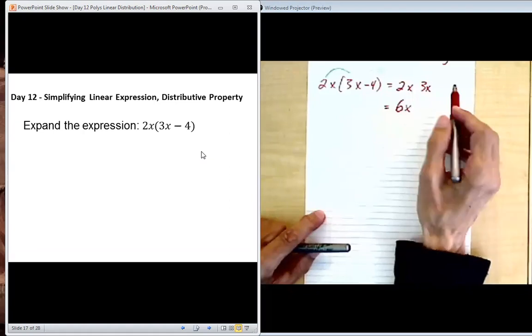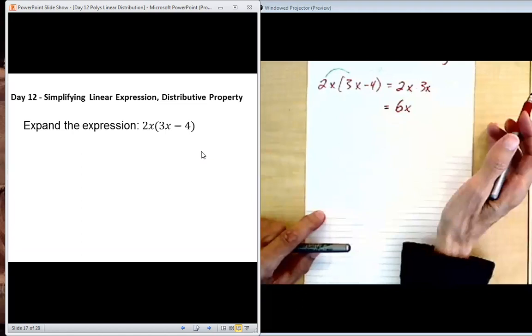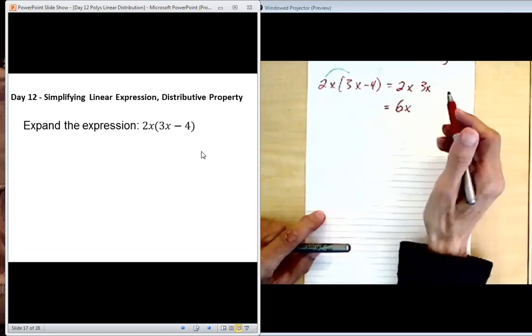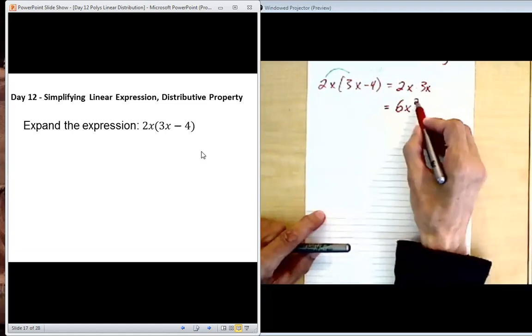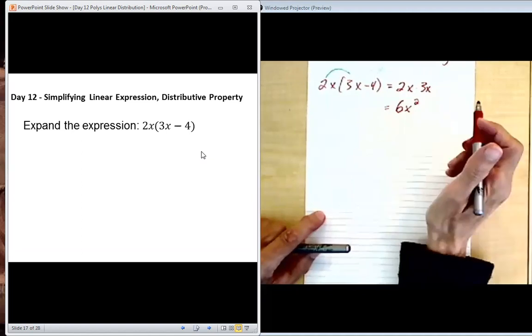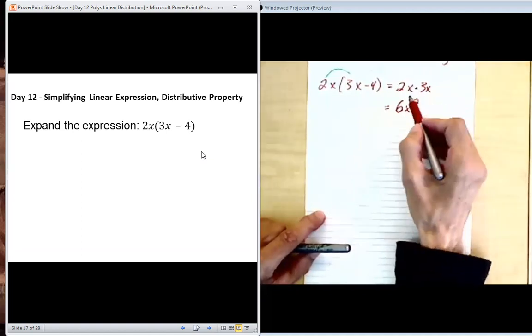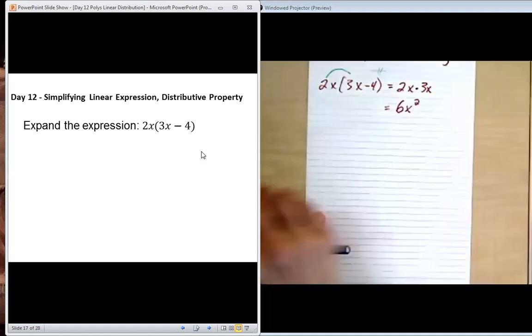But notice, you have x times x. 2 of them, right? Invisible 1, invisible 1. Add them together, you get 2. Other way around. When you're adding or subtracting, they stay the same.